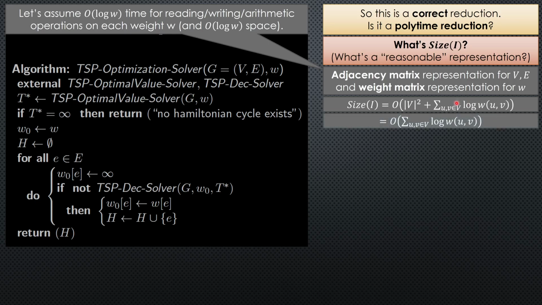Note that there's one of these log of W of u comma v terms for each u, v in V. So there are going to be order V squared of these things, and if we assume that each is at least 1, then you can fudge the numbers a little bit here. But this basically breaks down to just this sum. This sum should end up dominating this V squared term in most cases.